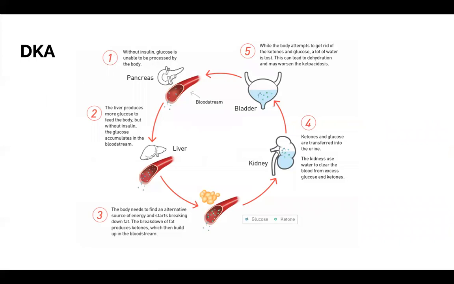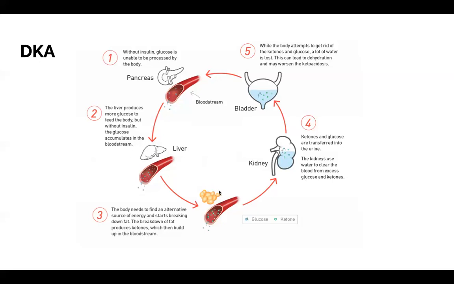So let's briefly talk about DKA. Essentially, the underlying process is that there's no insulin in the body either because of type 1 diabetes where the pancreas doesn't produce any, or type 2 diabetes where the pancreas is resistant to the insulin. As a result, there's lots of sugar in the blood. The liver then produces more sugar and this accumulates.